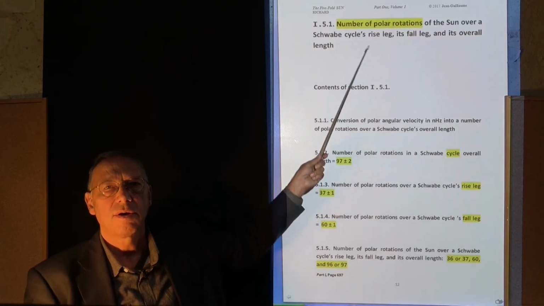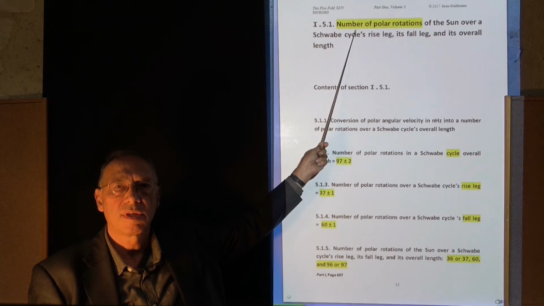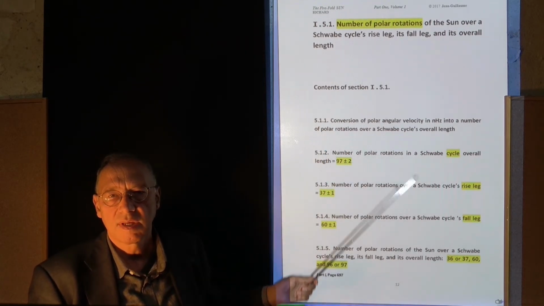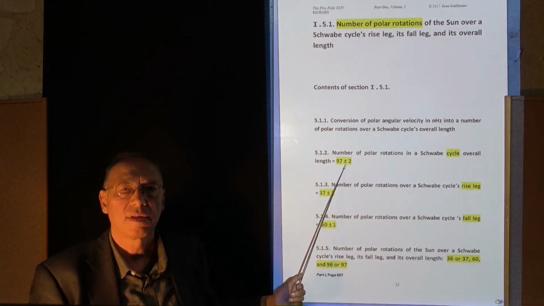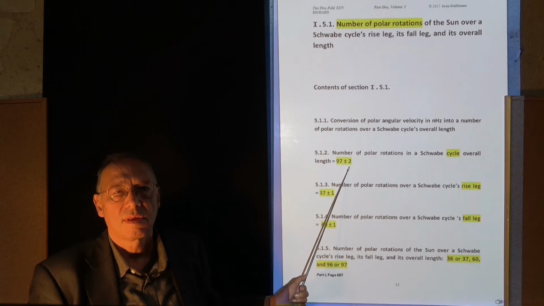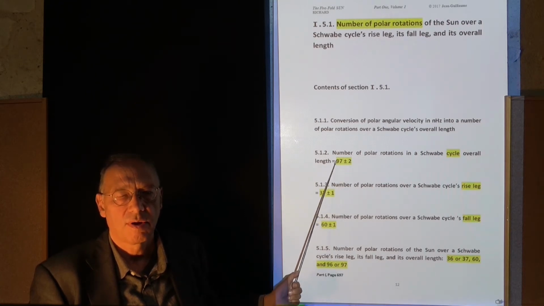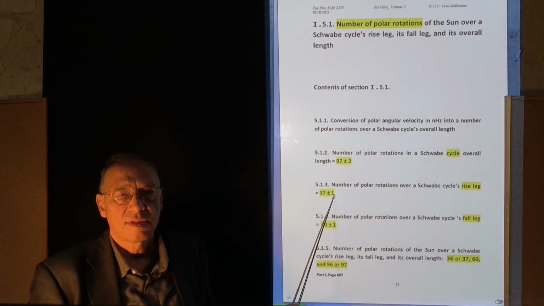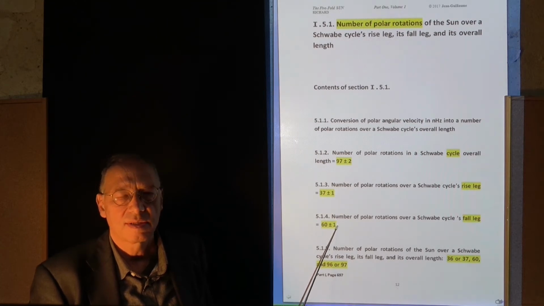So we can now arrive at a number of polar rotations of the Sun over the Schwabe cycle. For the entire cycle, we find 97 plus or minus 2, with the uncertainties around the measurements of the polar angular velocity. And in the rise leg, 37 only plus or minus 1, and in the fall leg, 60 plus or minus 1.